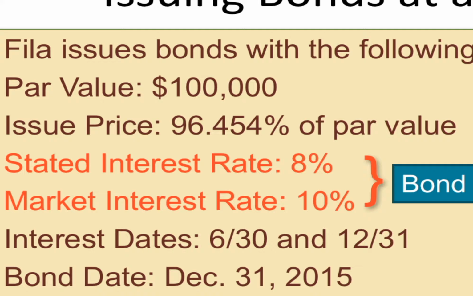So we do this for 2 years, and the difference, discounted back to the present date, means that if they pay us $96,454 today, we pay them the interest and then repay $100,000 in 2 years, they would be equally benefited as if they bought 10% bonds in the marketplace instead of our 8% bonds. Or at least that's the theory, right?